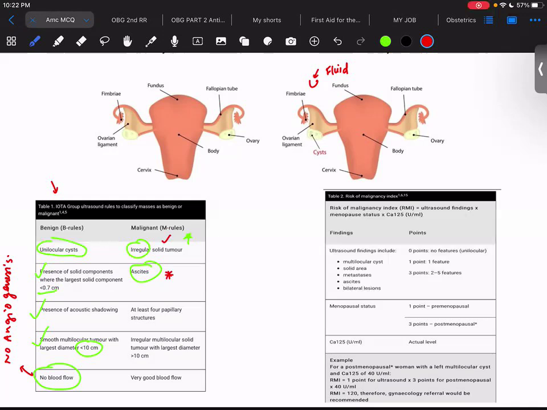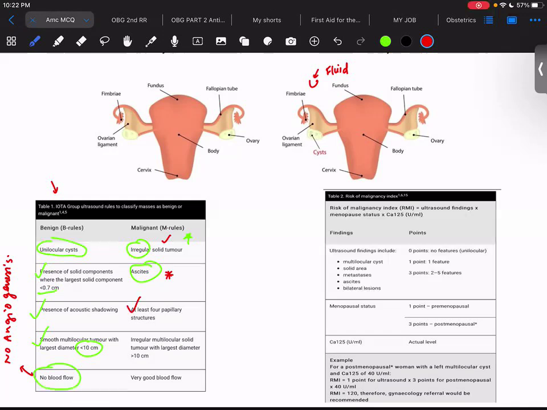Maybe there is omental caking, or spread of the tumor into the peritoneum, resulting in ascites. At least four papillary structures, if present, is a malignancy. Irregular multilocular.